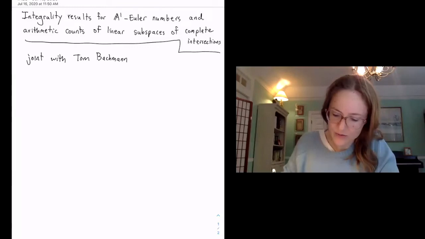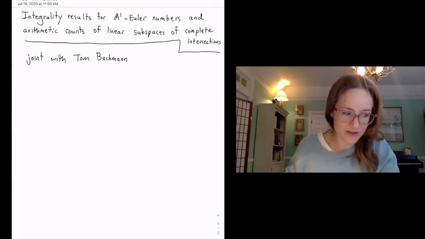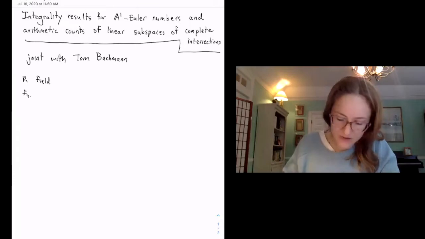We'll start with the application to counting linear subspaces. Let's give ourselves notation for K, a field, and F1 through Fj, homogeneous polynomials that are going to cut out what's called a complete intersection on projective space.